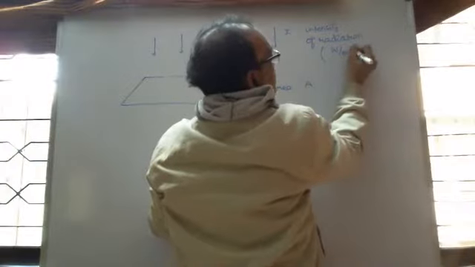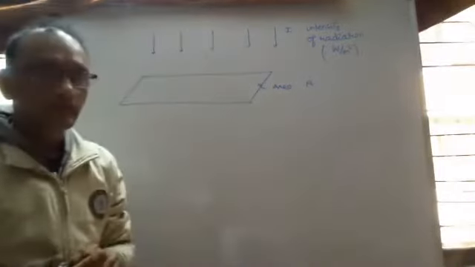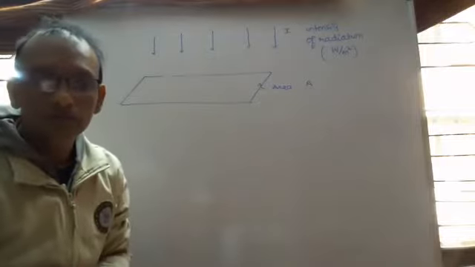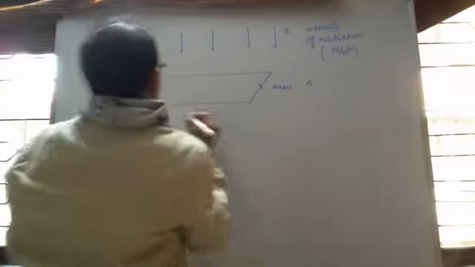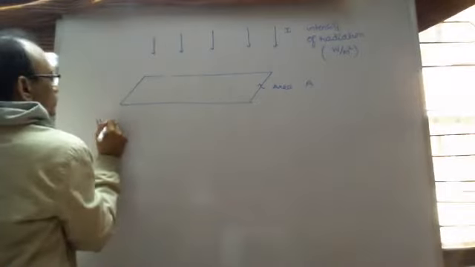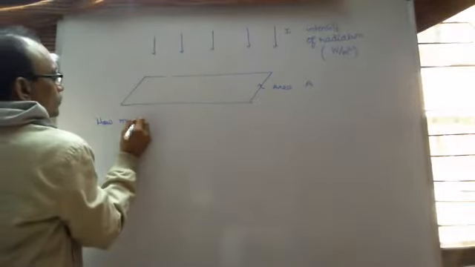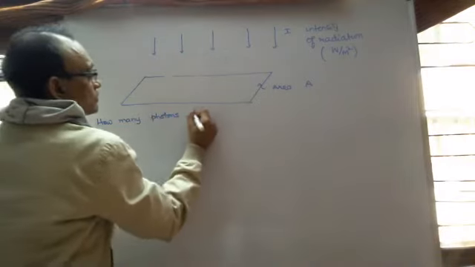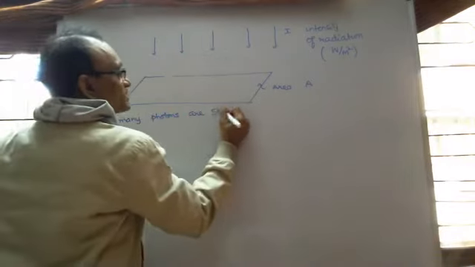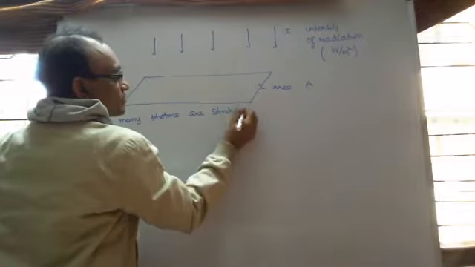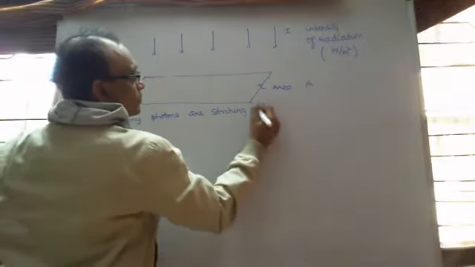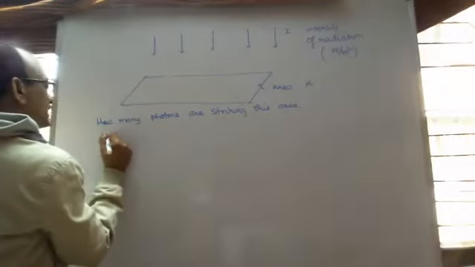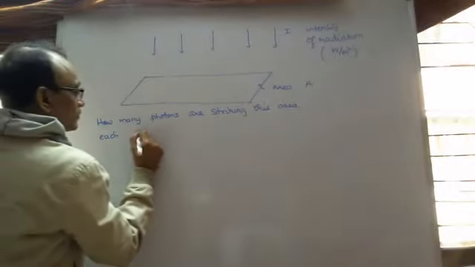Watts per meter square. Right? Now, if somebody says, how many photons are striking this area per second? Each second.